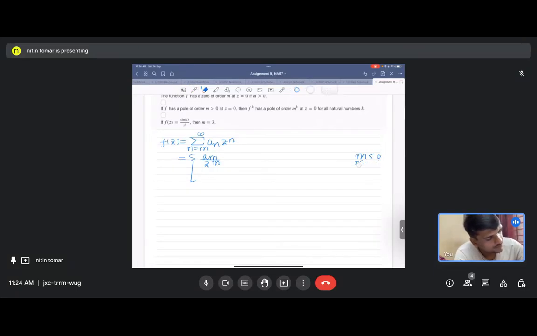So minus m is positive, right? You can write it as a_m z^m plus a_(m+1) z^(m+1), and so on. Now if m is negative, which means m is less than or equal to minus 1, it will be a_m upon z^(minus m).